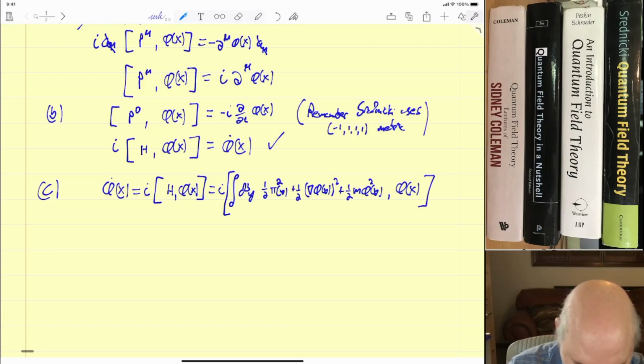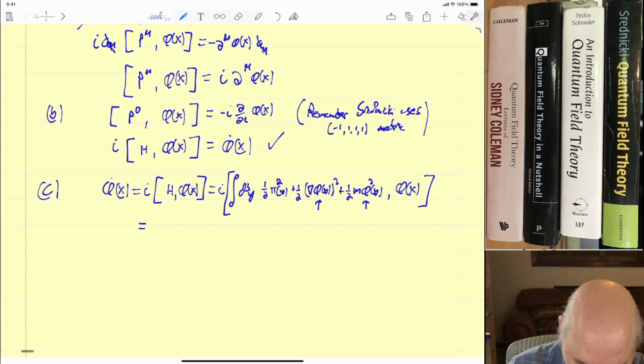Okay. So this is equal to, the only thing that's not going to commute with phi, this will commute with phi, and this term commutes with phi, and this term commutes with phi, because all phis commute with each other, and taking spatial derivatives and everything doesn't matter. It's only the pi.